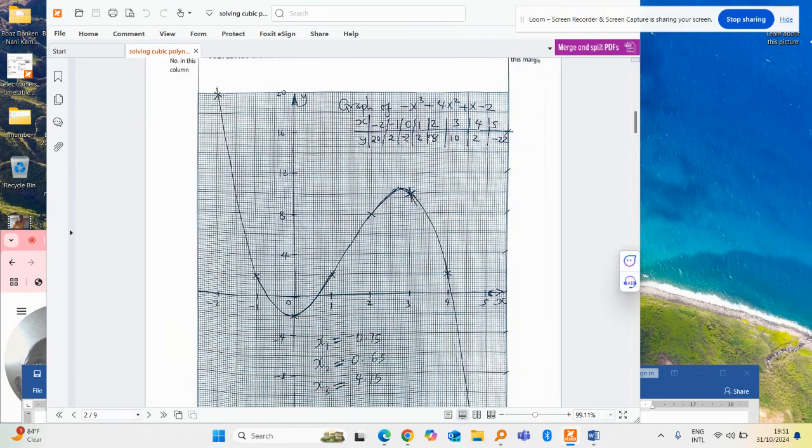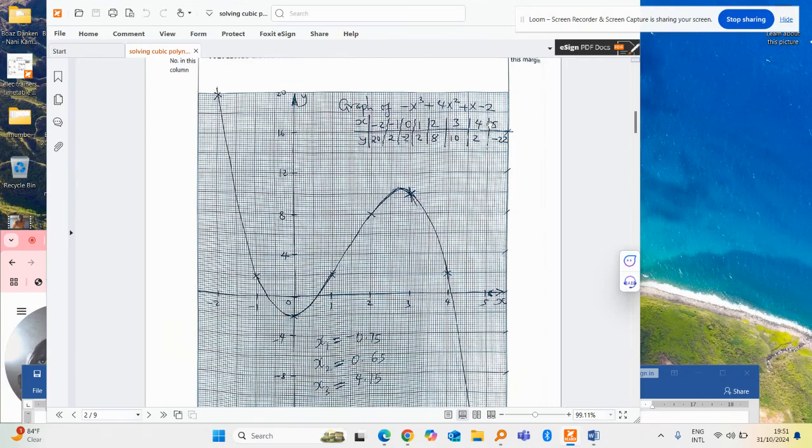As you look at the plotting points, you see that in between -1 and 0, the value of y has changed its sign, which means we have an answer in between these two values of x. And in between also these two values of x, the value of y changes from negative to positive. It means we have an answer in between these two values of x.